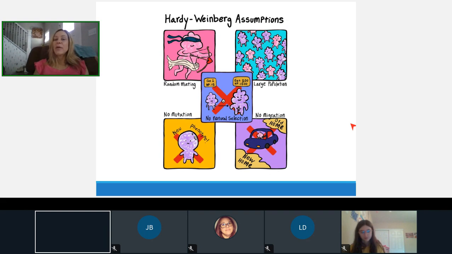So we can calculate the traits in a population if we know that they're randomly choosing their mates and we know it's a large population and that none of these weird things are going on, like an extra chicken coming in from some crazy place, or a weird mutation, or natural selection. Okay.